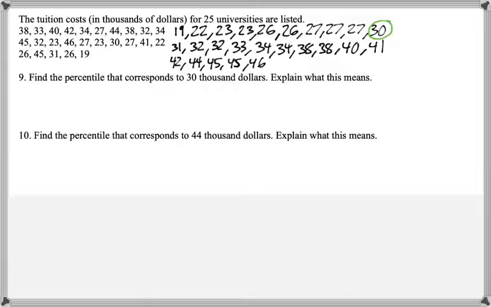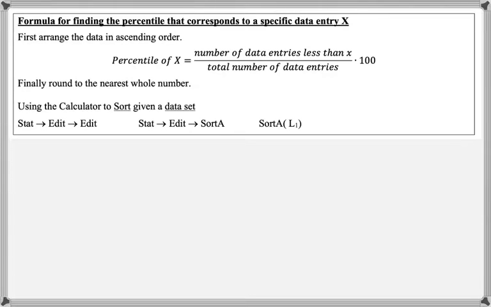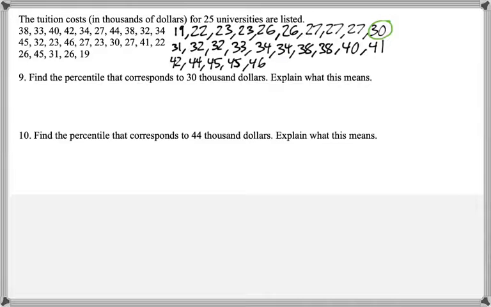And again, our formula is the number of data entries less than x over the total number of data entries, and then multiply that by 100. So there are 9 data entries less than 30.